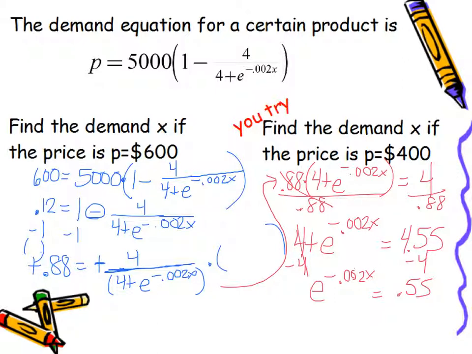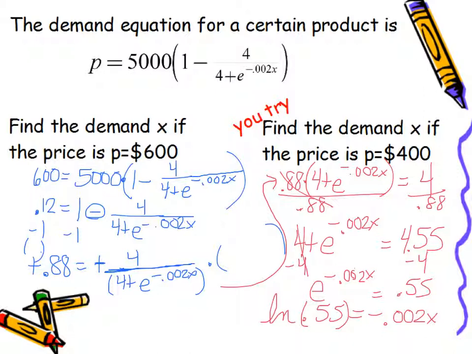So here we go. Since it's a base e, I'm going to have natural log of 0.55 equals negative 0.002x. So to get the x by itself, I just need to divide by the negative 0.002. And what I'm going to be doing is taking the natural log of 0.55 in my calculator.